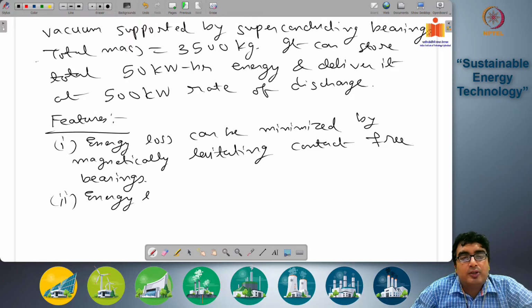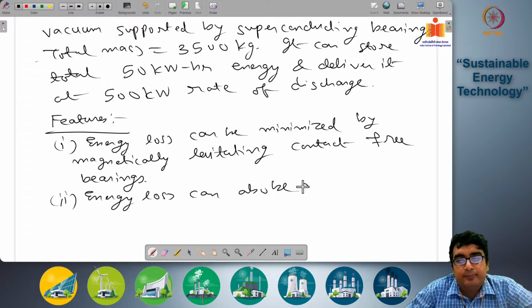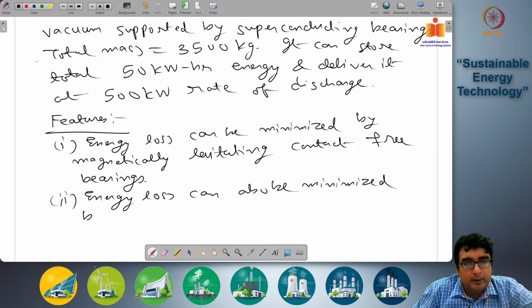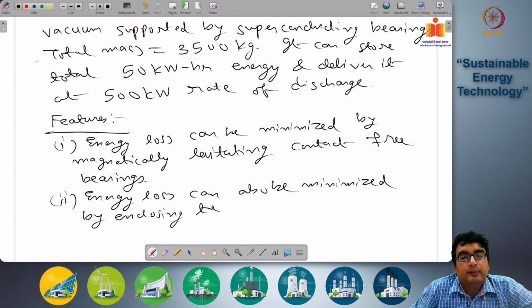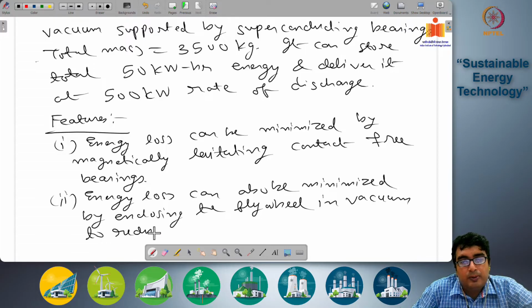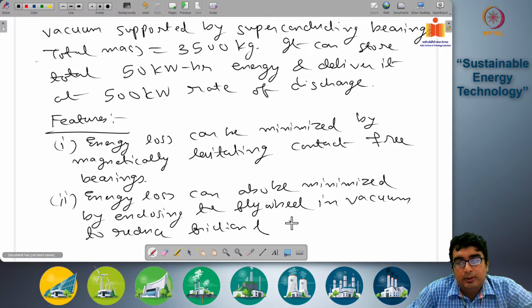Energy loss can also be minimized by enclosing the flywheel in vacuum to reduce frictional drag losses.